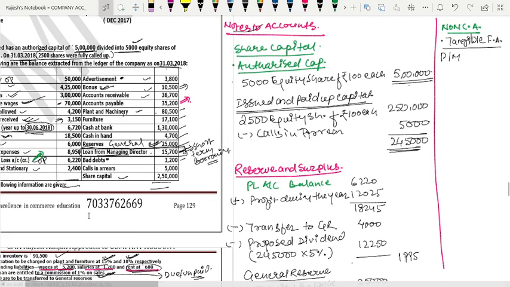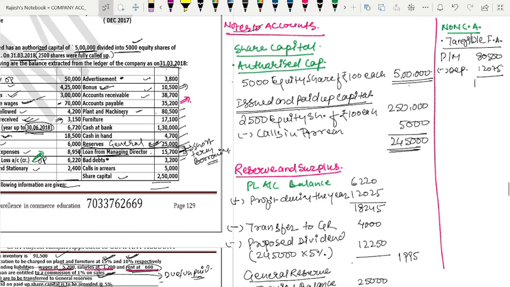This one is the question. Yeah. 80,500, less depreciation. How much is the depreciation? 15%. 80,500 multiplied by 15% is 12,075. This will become 68,425.